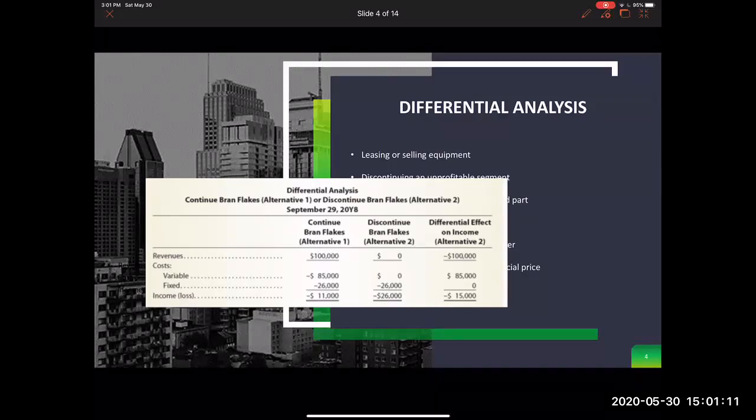But if you're looking at the long-term effects, maybe your business is saying, hey, we just no longer want to make brand flakes, then the right decision is to discontinue it, because you have no desire to make that product or sell in that territory.